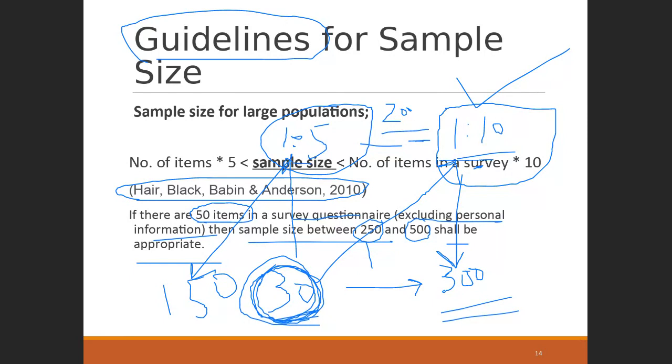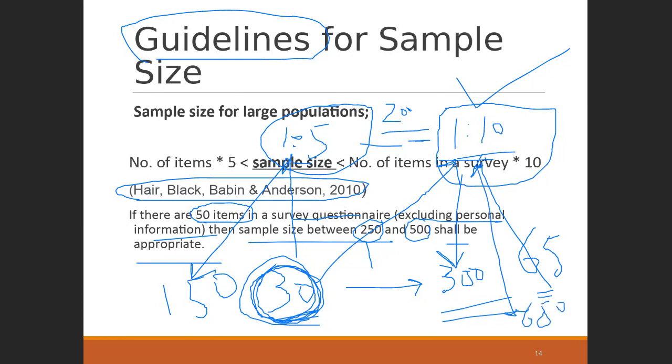That is why I will recommend you to not use lengthy questionnaires. Do not use those scales which have lots of questions. For instance, if there are 25 questions to measure a single concept, 25 questions to measure another concept, and 20 questions to measure another concept, this gives you total questions of 65. 65 means 650. This is too much.